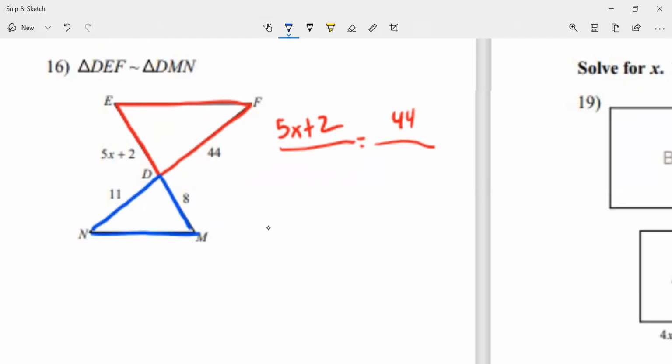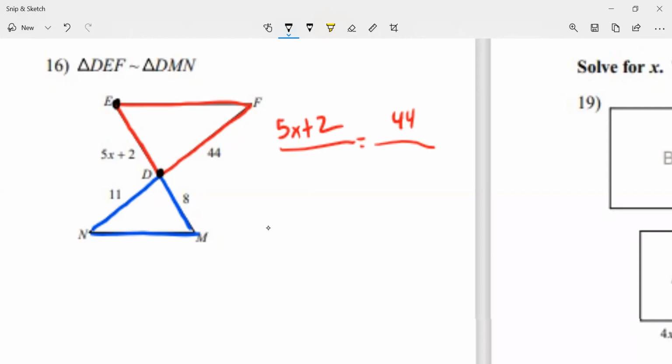If you can tell that 5x plus 2 is either smaller or bigger than 44, then you're good to go. You already know the corresponding sides. If you cannot tell, I'm going to use the notation. It says triangle DEF is similar to triangle DMN. So I want to compare the side that has the x, that's the side ED or DE, however they write it.